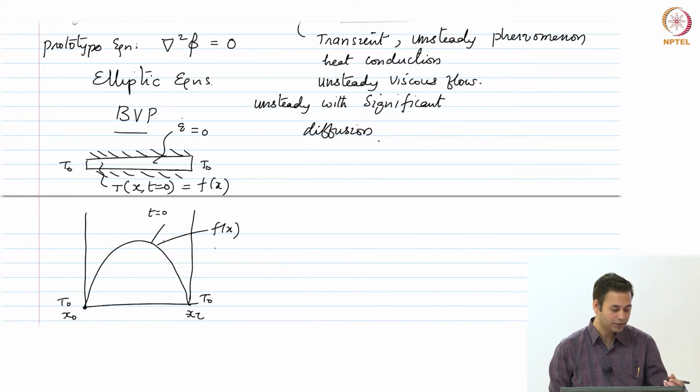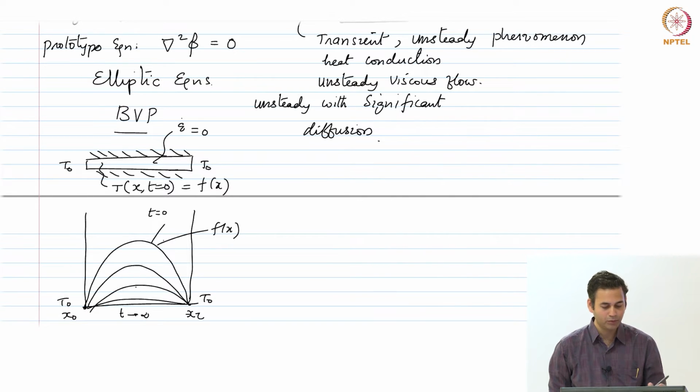As time progresses, there will be diffusion, right, there will be heat transfer through the ends of the rod and the profile will keep getting diffused, and eventually as t tends to infinity, the entire rod will become temperature of T equal T0, okay. So essentially as you can see, there is a significant amount of diffusion with time, the temperature is diffusing down, okay. So these kind of problems belong to a parabolic type of problems, okay.